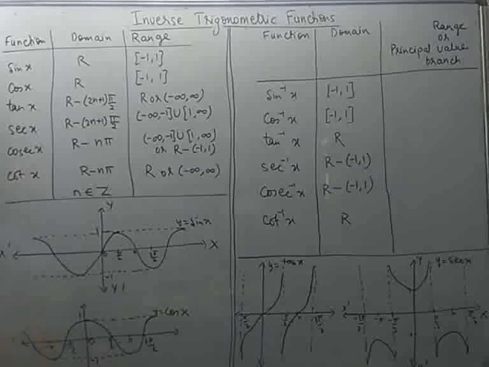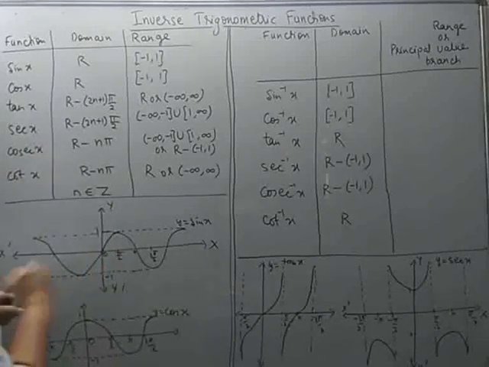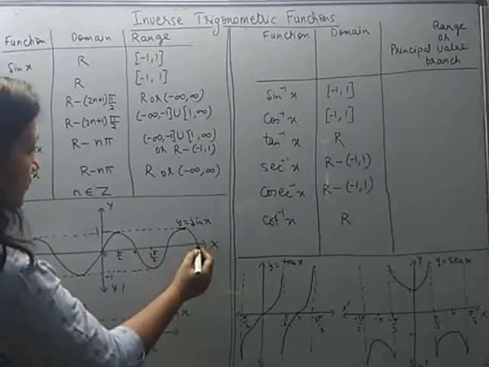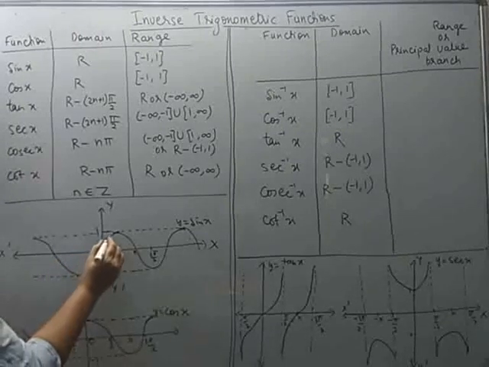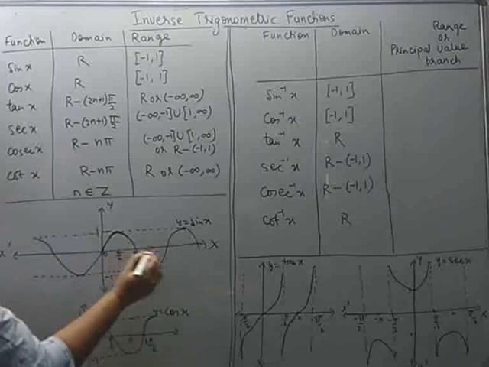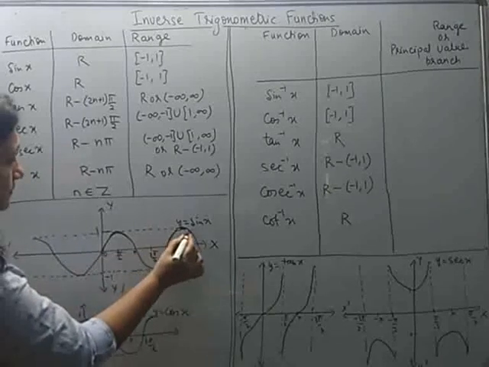So let us quickly take some examples. Look at this part. Look at the function sin x. If I keep on proceeding with this curve, you will find the same stretch of values of y can be found in various stretches. Look at this part of the wave. This is exactly the same as this one.